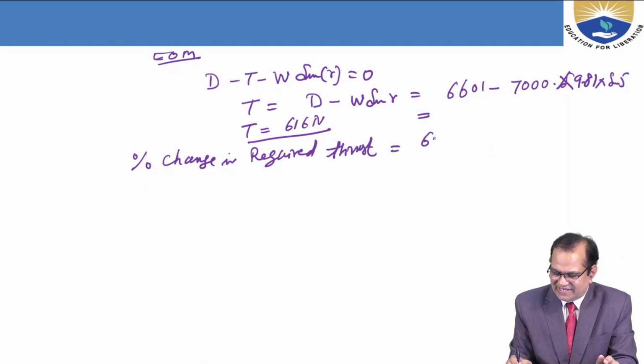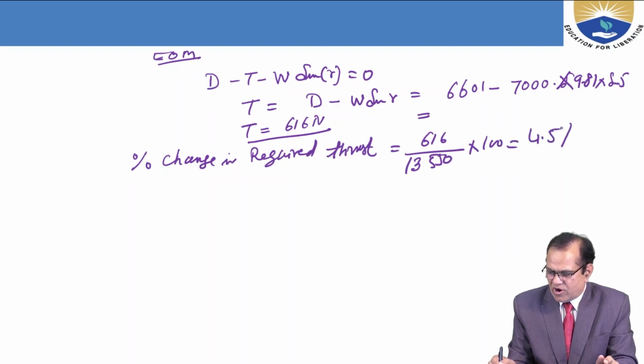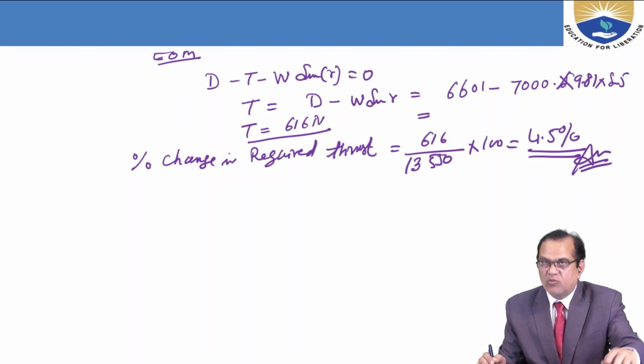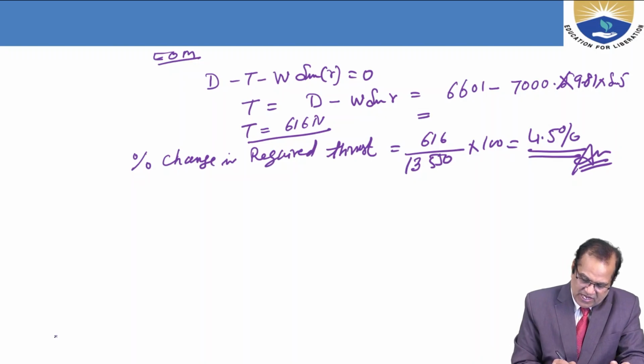So we will get here 616 divided by 13,550 into 100. This will come to 4.5%. So this is the answer which we required, that it is 4.5%.